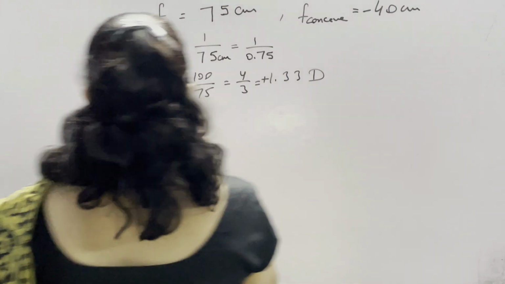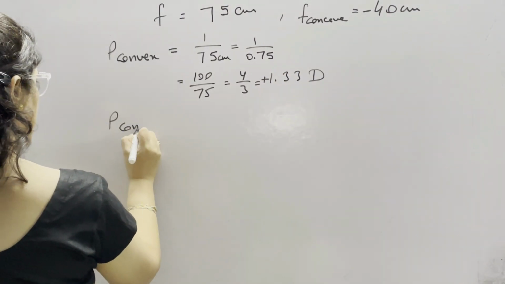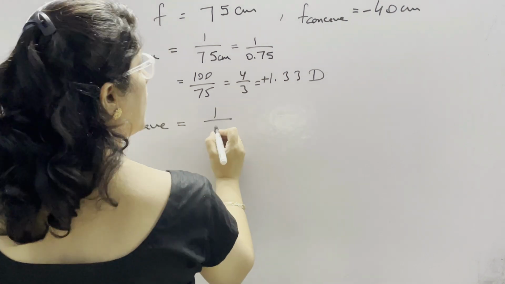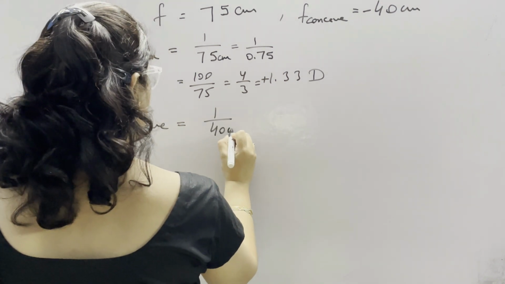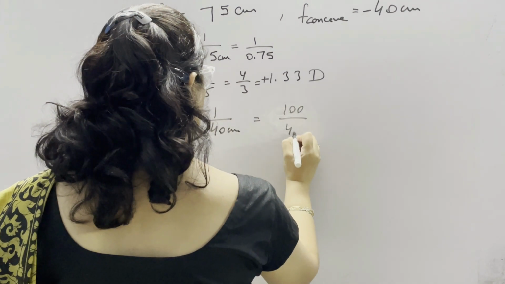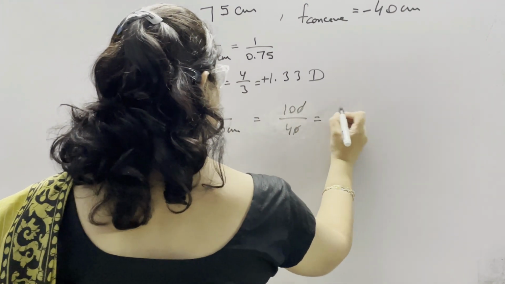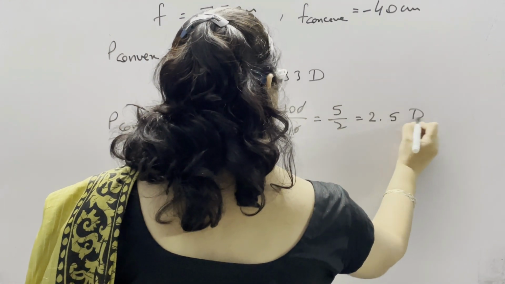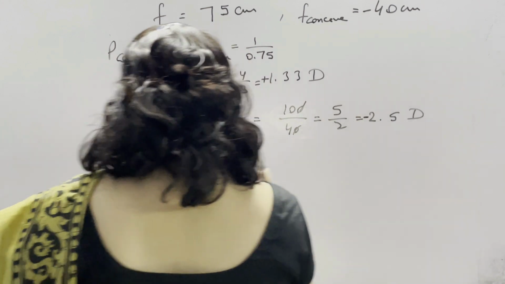And the power of a concave lens is 1 upon 40. Now again it is in centimeter, so 100 upon 40. So it means 5 upon 2. It means 2.5 diopter with a minus sign, negative sign.